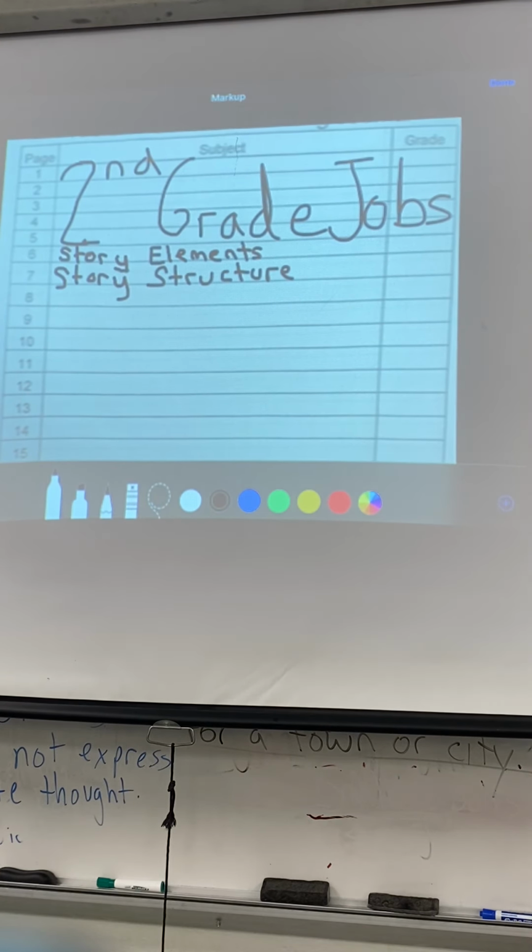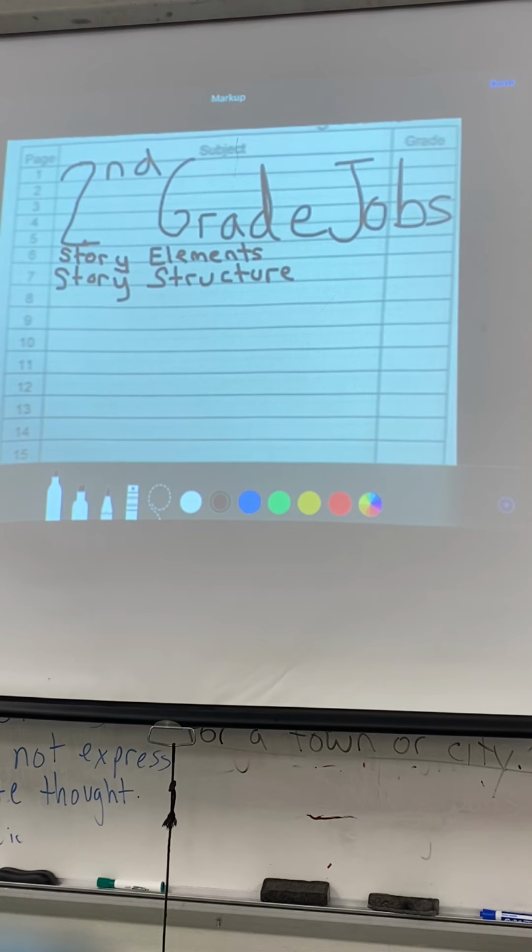So you'll write just like mine, story elements and story structure. If flipped, you'll write story structure, then story elements. Okay, so you'll just flip.